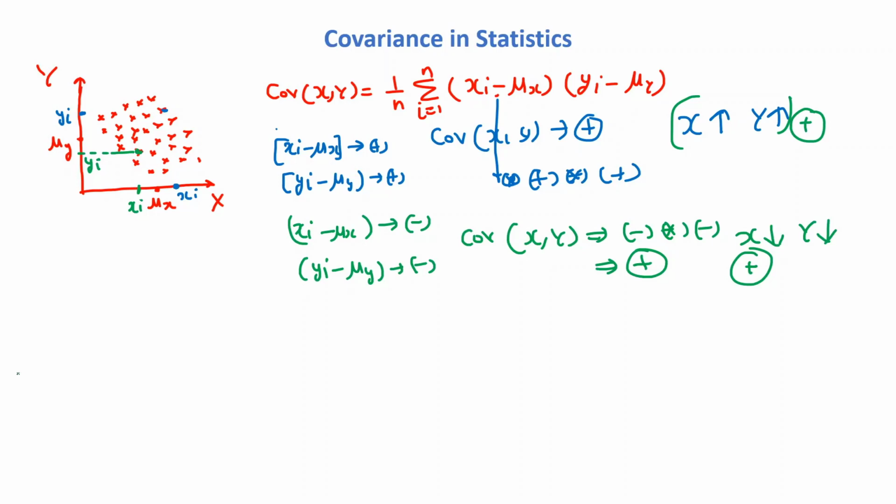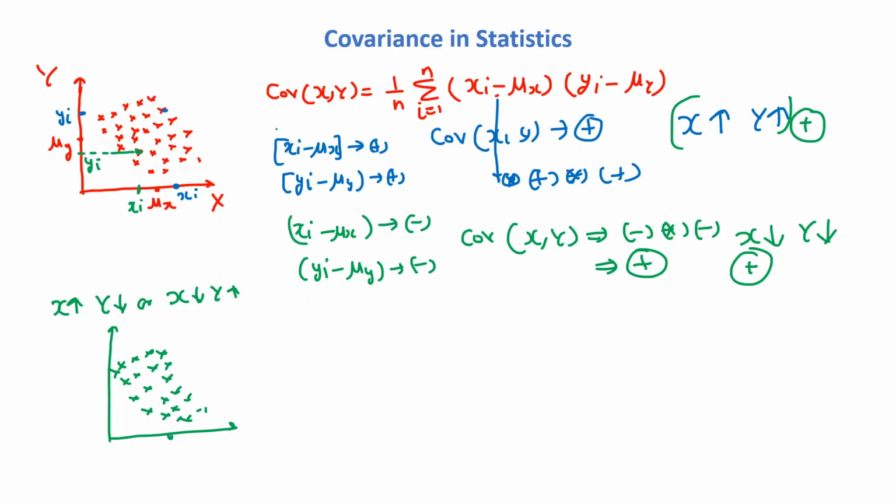Now let's understand the other case: when x increases, y decreases, or when x decreases, y increases. Let's have one example here. This is our data points. This is your mu of x, this is your mu of y, and this is your x.